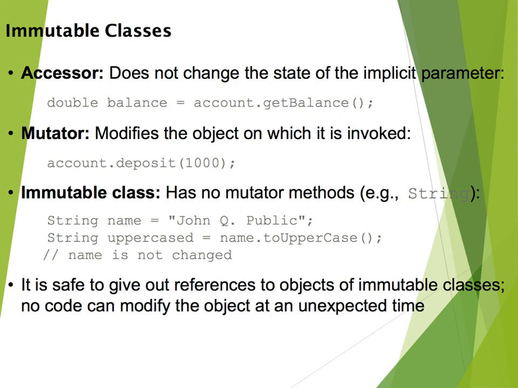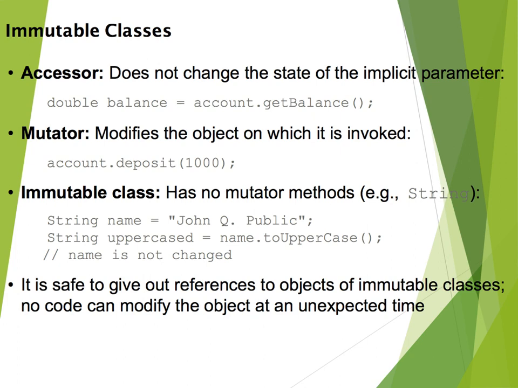So when you call account.deposit, the method deposit will change the implicit parameter storing the balance, and it increases that variable or the value of that variable by $1000.